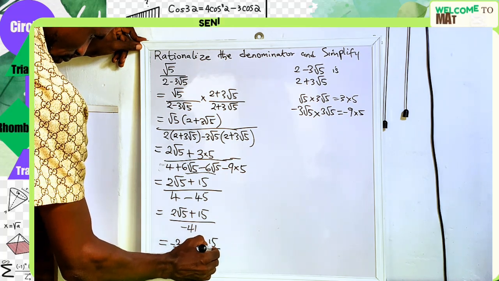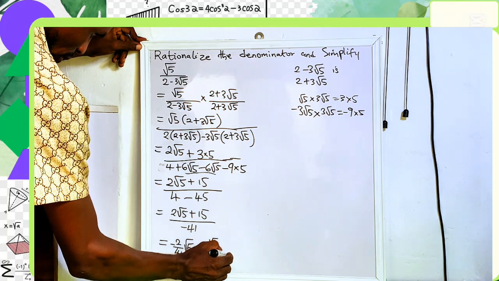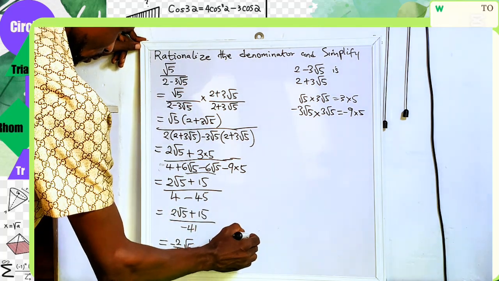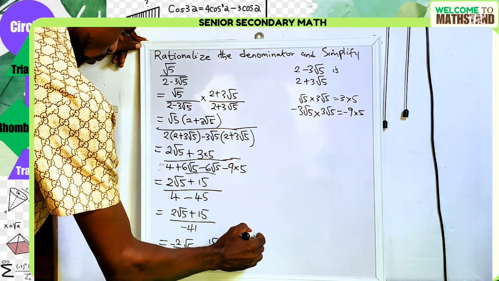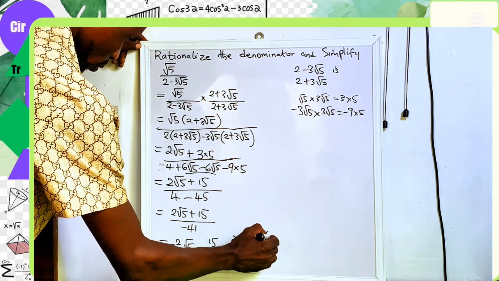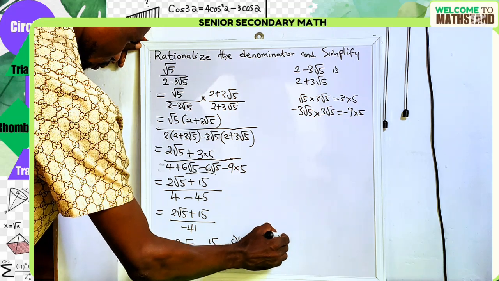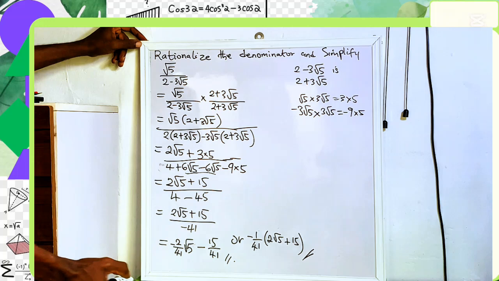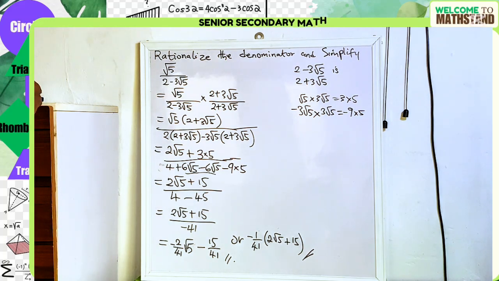So either you keep it this way, or you can keep it this way: minus 1 over 41 times 2√5 plus 15. So it's still correct putting it either way.